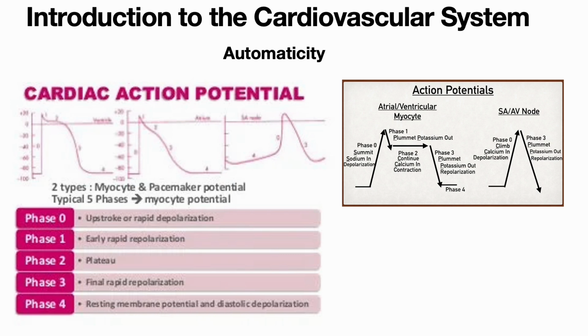Phase 4 or resting membrane potential occurs when the cell comes to rest as the sodium-potassium pump returns the membrane to its previous state. Now with more sodium outside and more potassium inside the cell, spontaneous depolarization begins again.